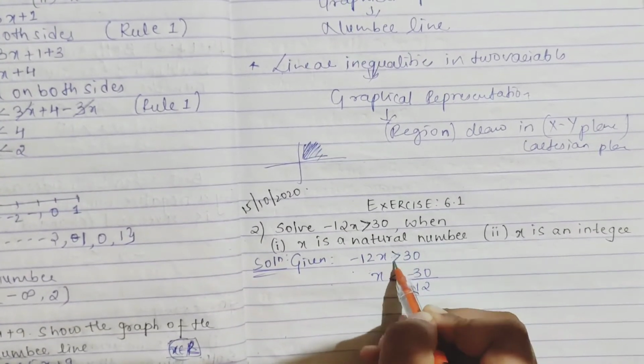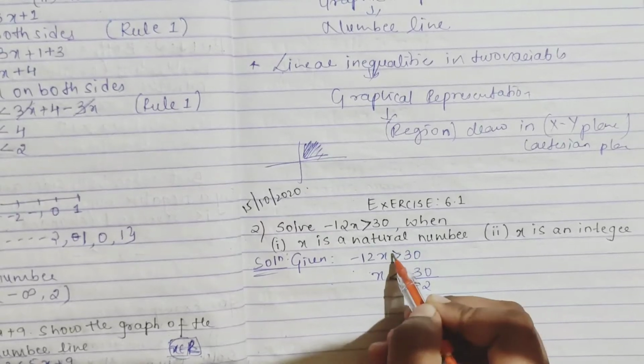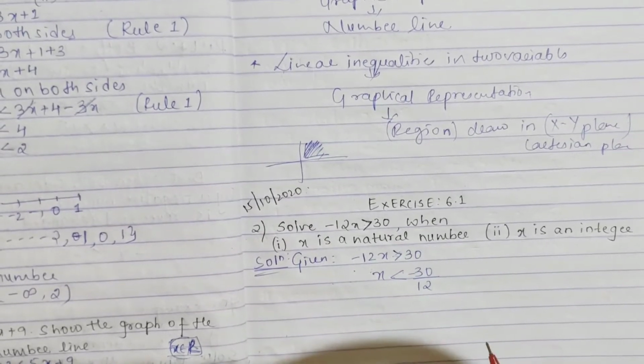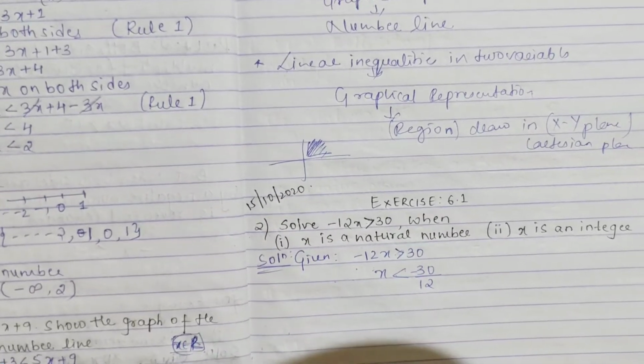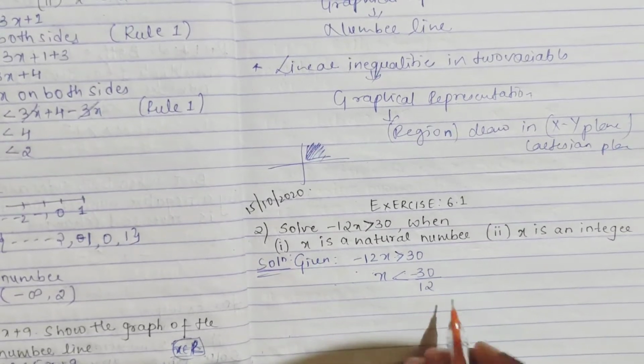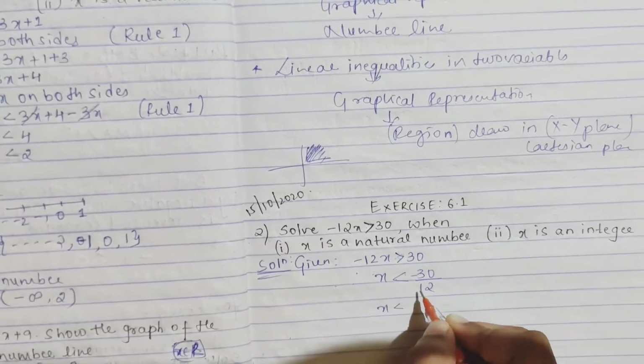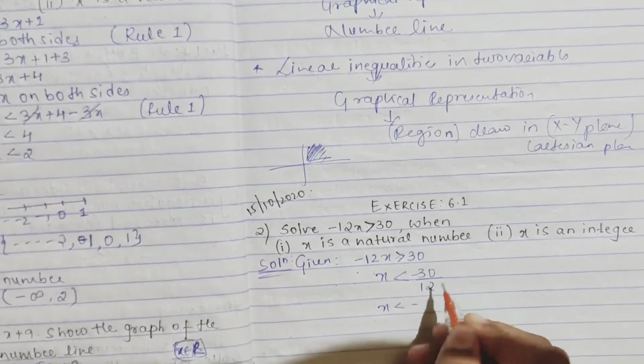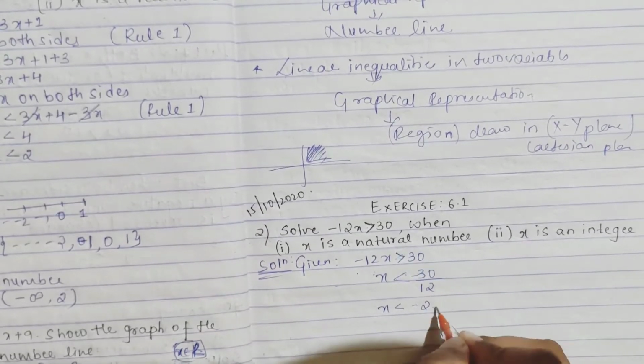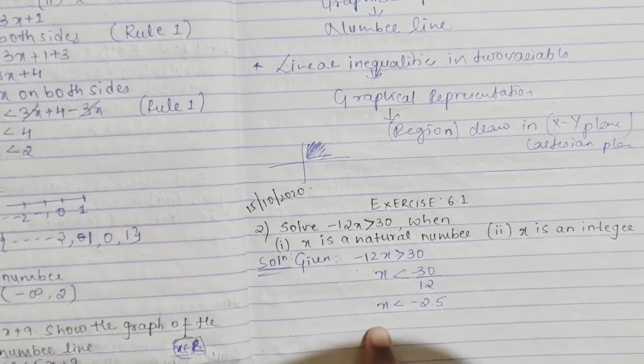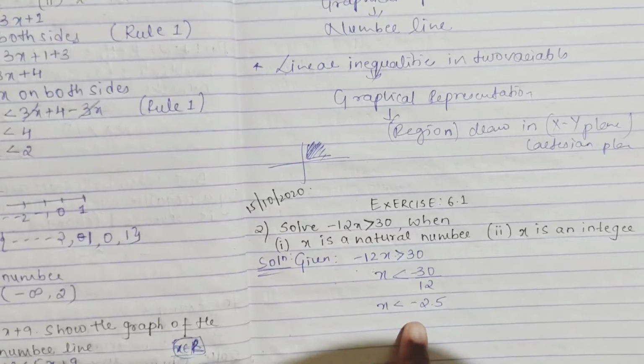Here it was greater than, here it becomes less than. So x less than minus 30 by 12. How much will you get? Minus 2.5. So you will get x less than minus 2.5.